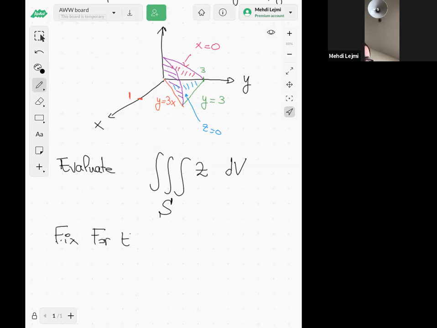You can fix, instead of the x, y coordinates, the y, z coordinates, or the x, z coordinates, and see if it works. Let's say I'm going to fix the x and the y coordinates.